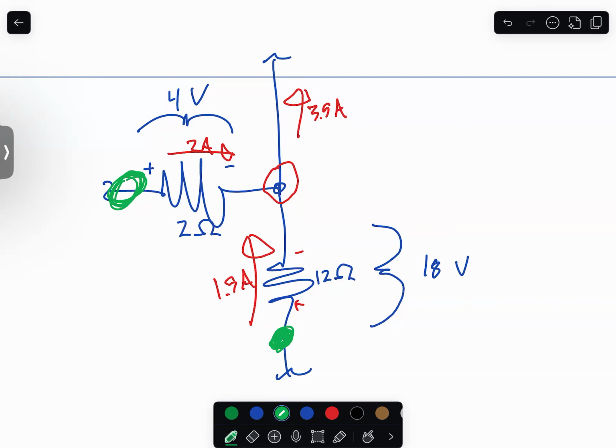If I take a voltmeter and do that, what's it read? You give up? Okay.